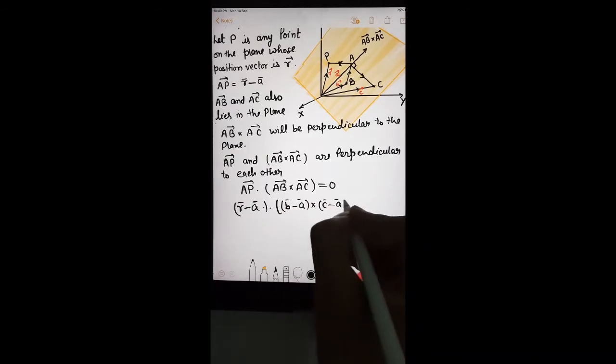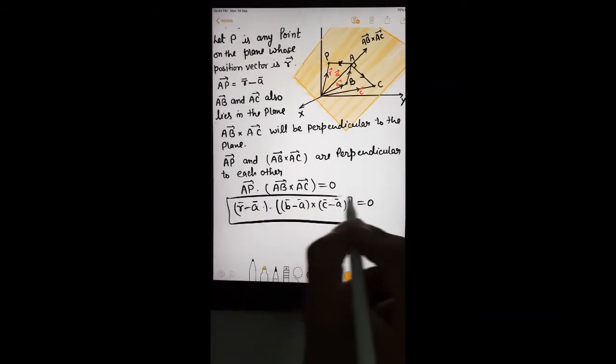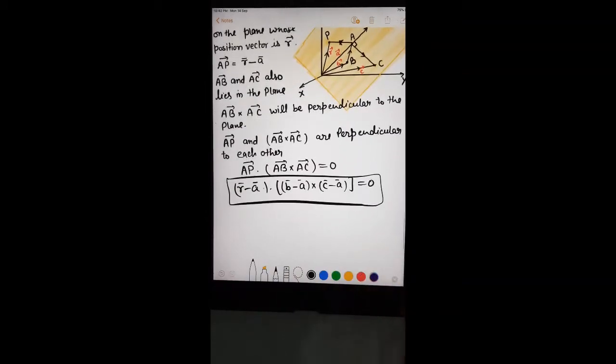These are the position vectors. So (r minus a) dot ((b minus a) cross (c minus a)) equals 0. This is the vector equation of the plane which is passing through three non-collinear points.